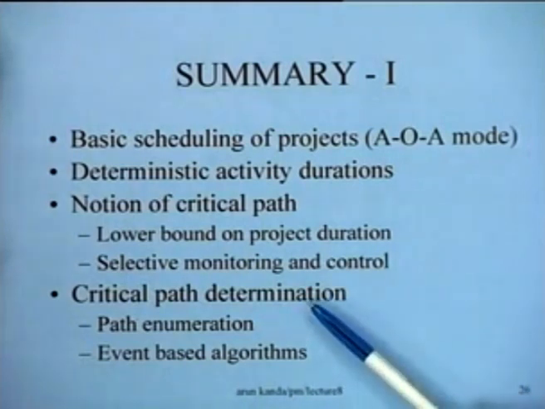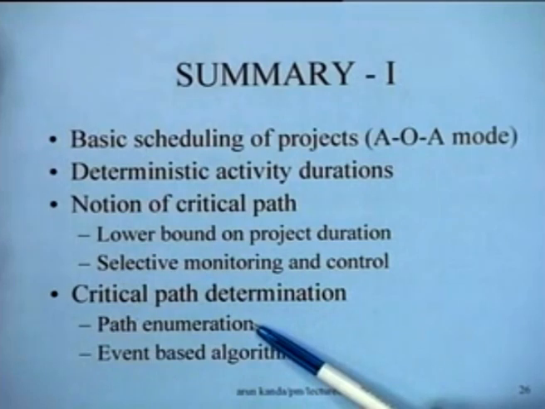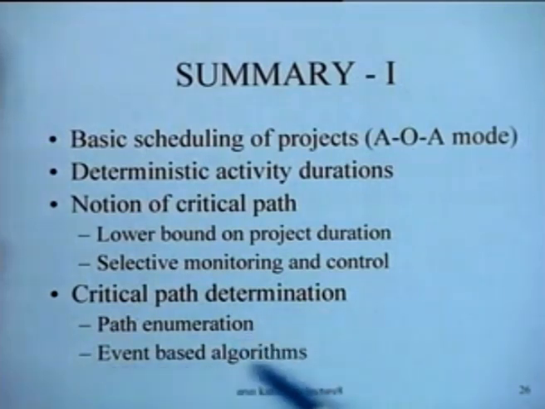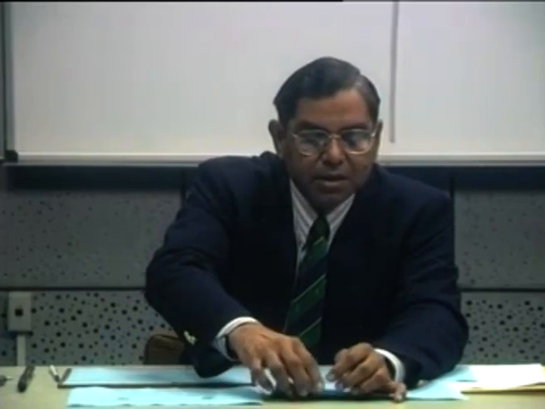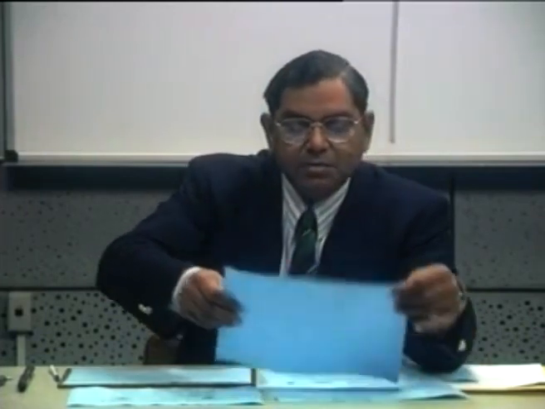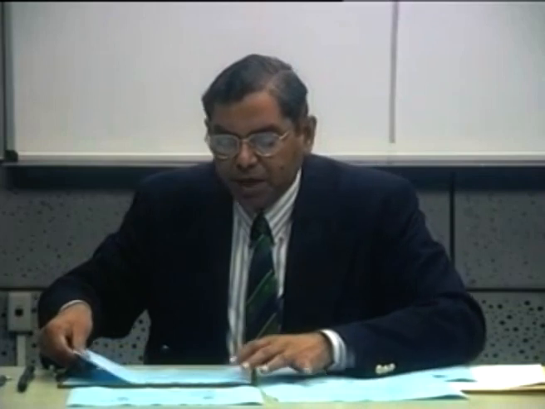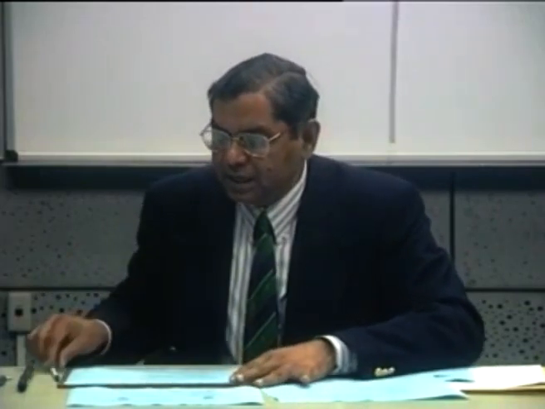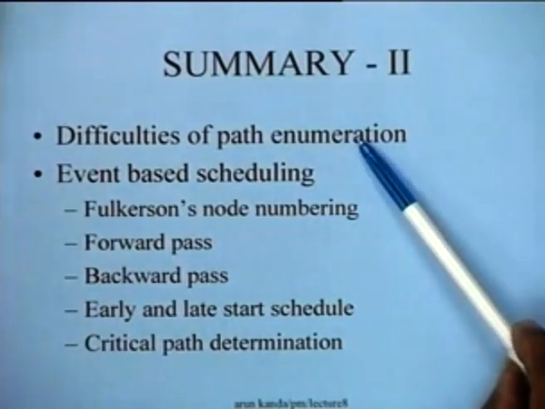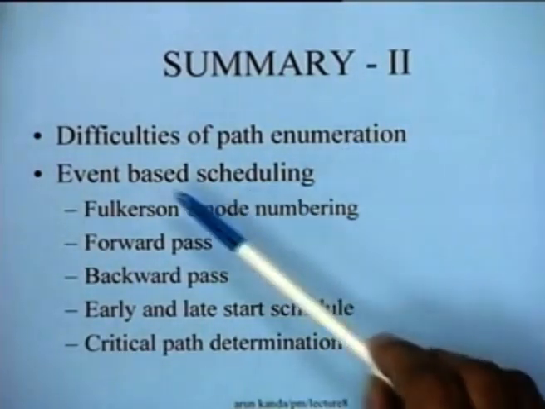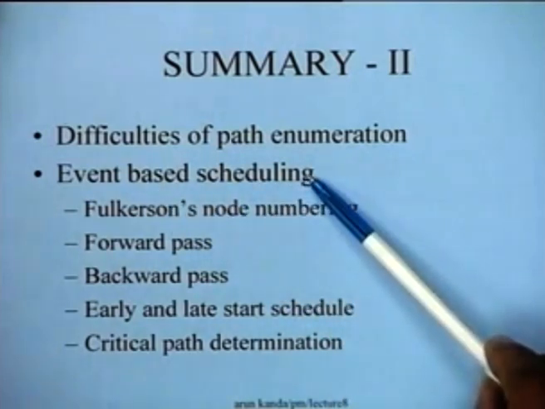We looked at the process of determination of the critical path by using both a path enumeration algorithm and an event based algorithm, which we illustrated by determining the earliest and latest occurrence times of events. We saw that there were difficulties in the path enumeration algorithm, primarily because there could be a large number of paths and enumerating all the paths is difficult. Therefore, this particular method of determining the schedules was much more efficient.